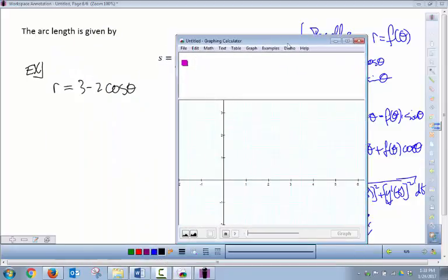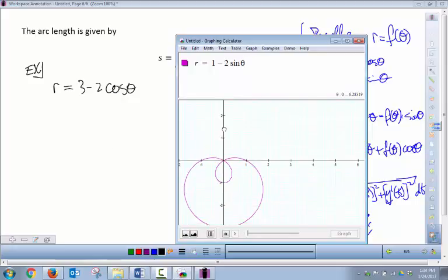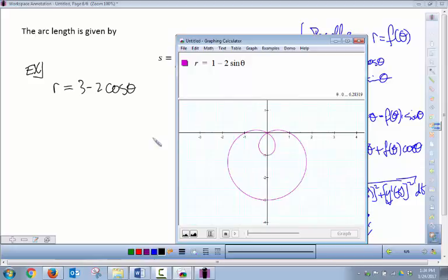I don't know. Yeah, so 2 minus 3. I'm going to change it. Let's pick one: r equals 1 minus 2 sine theta. Yeah, let's do this one. So 1 minus 2 sine theta.